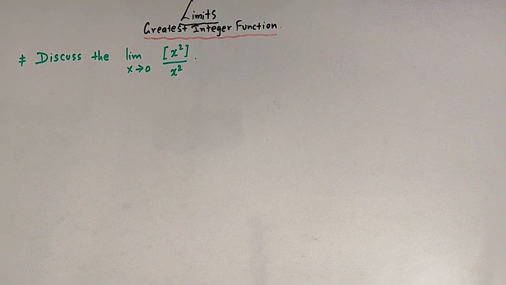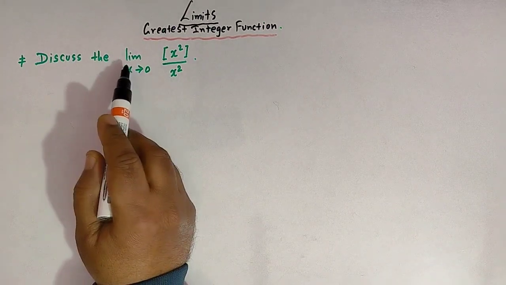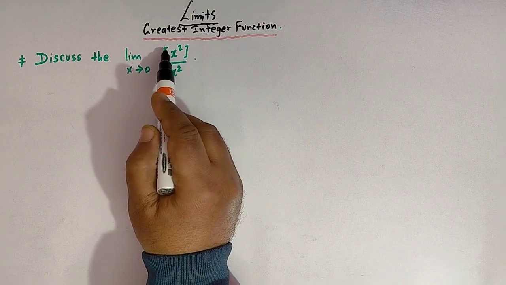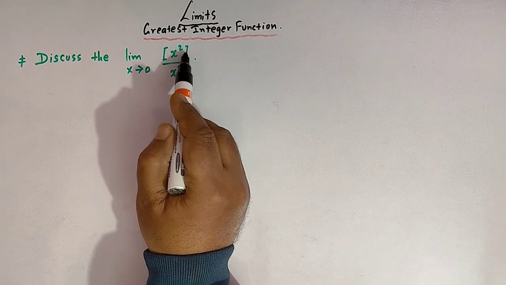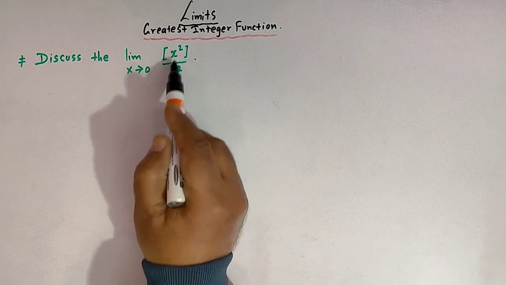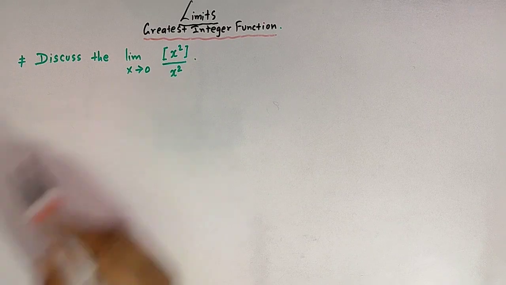Hello, viewers. In today's class, we are going to discuss one very important conceptual problem from limits, right? Here we have to discuss the limit as x tends to 0 of the greatest integer of x square divided by x square.